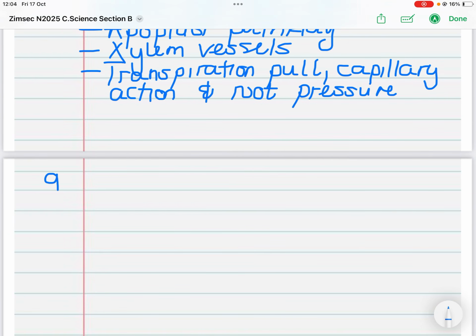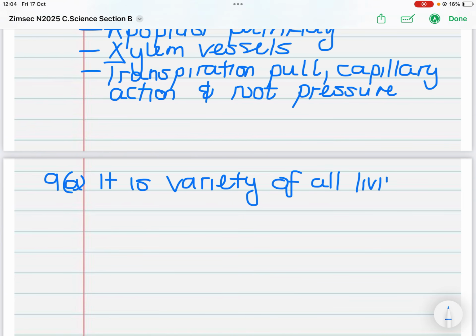So when you are giving your definition, we are now on number 9, right? We are required to define the biodiversity. So we are saying it is a variety of all living organisms.